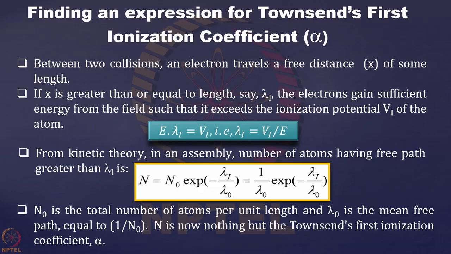Okay. So out of an assembly of n0 electrons, nearly you will be having n0 exponential minus x by lambda 0 having a free path of x.